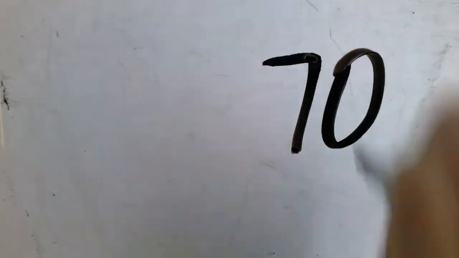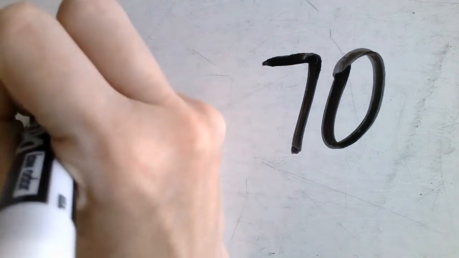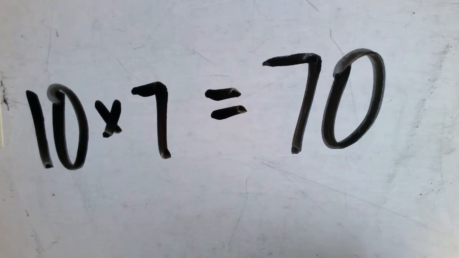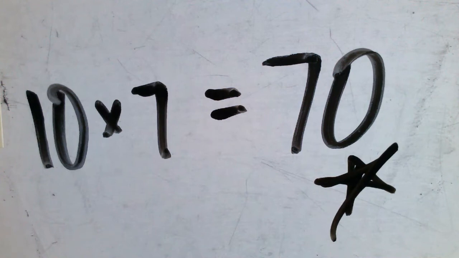Let's do one more. If I had the answer 70, what expression would you write on your board? What equation would you write? Did you write 10 times 7 equals 70? Nicely done, guys. We're going to get on into our lesson today.